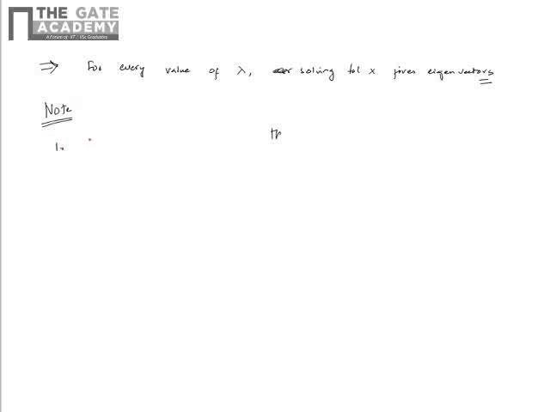First point, the set of eigenvalues is called the spectrum of A. If A is a 3 by 3 matrix, you get a cubic equation, and that set of roots is called the spectrum.